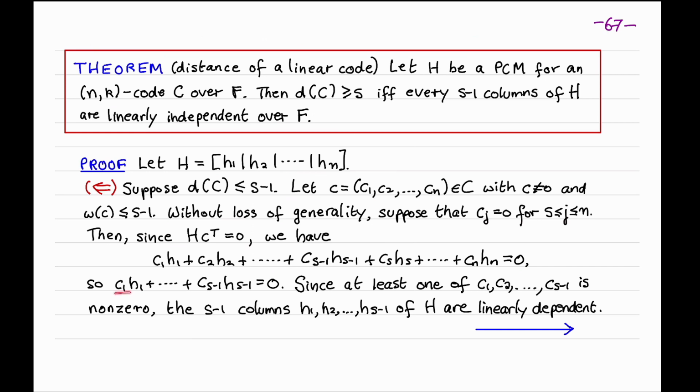Since at least one of these coefficients is non-zero, this is a non-trivial linear combination of the first s minus 1 columns of H that gives a 0 vector. And so the first s minus 1 columns of H are linearly dependent over F.